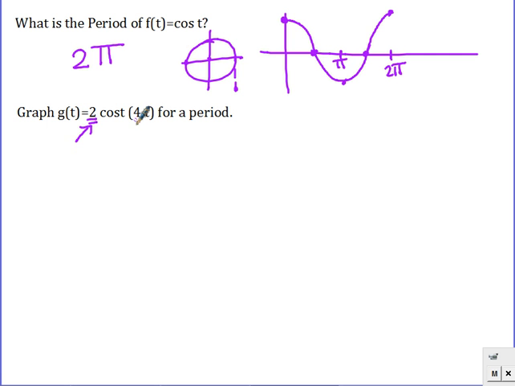All right. It says graph it for a period. Well, what is a period? So we have to figure out if this is our b value. 2 pi divided by b. So our period, did I just do that wrong? I just did that wrong. It kind of ends up being the same thing, but I should do it right.